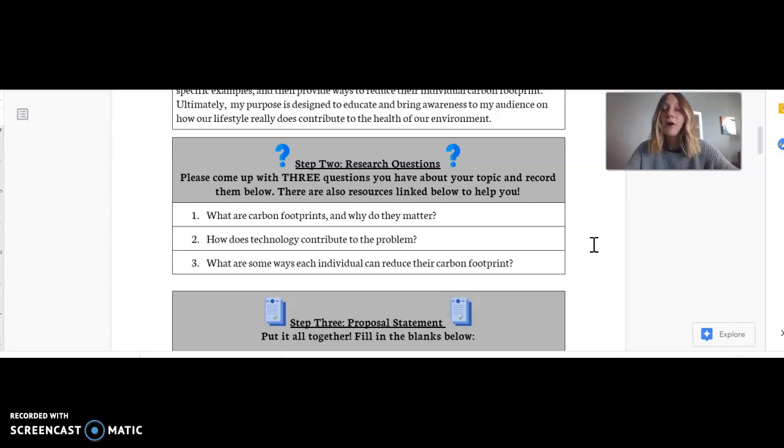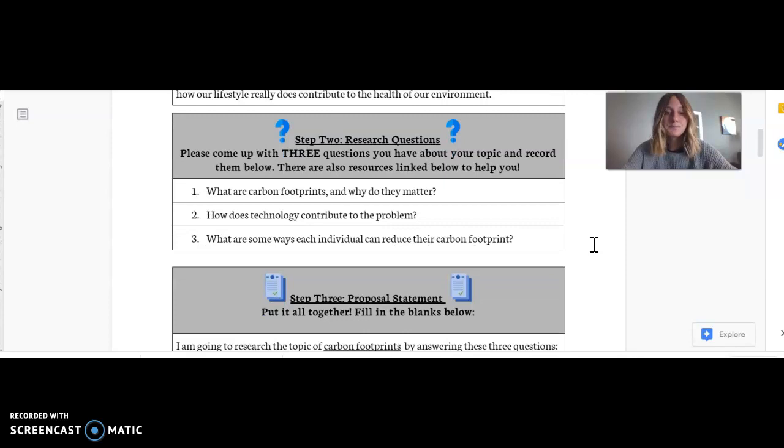Question number 2, how does technology contribute to the problem? That's a great question because it really narrows their research to focus on technology and how that impacts carbon emissions. And I think that's a very relevant question because we're in a very tech-savvy world right now. And so that's a great way to inform their audience on how technology impacts this situation.